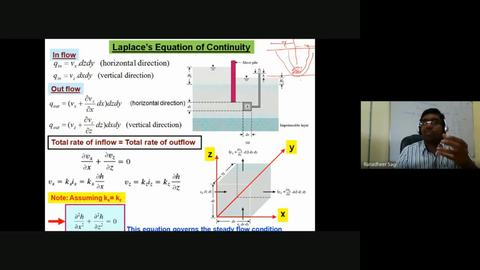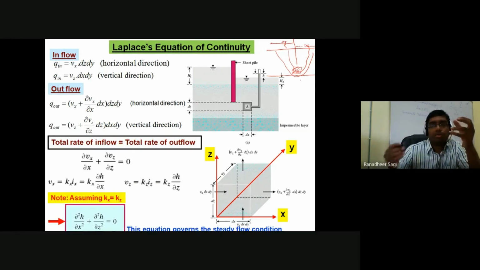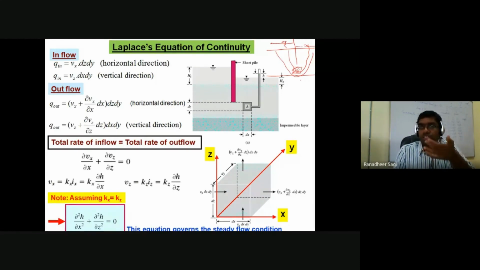With whatever velocity the water particle enters the soil element, as the flow has to be continuous, the water particle obviously comes out on the downstream side, but there could be a small variation between the velocity with which it enters and with which it comes out. Why is that? In some cases, a water particle might enter horizontally, but because of the interconnected void path, it may not come out only in the horizontal direction.